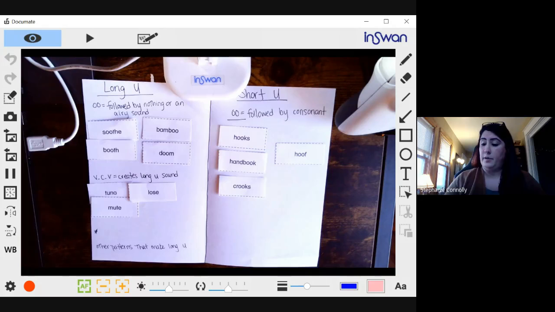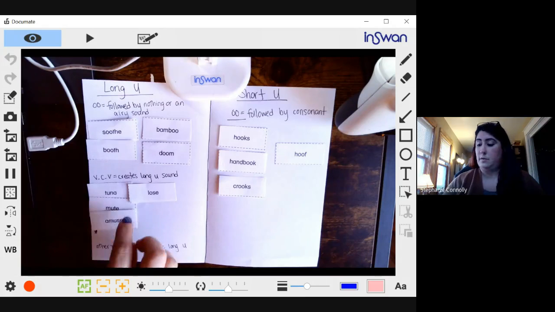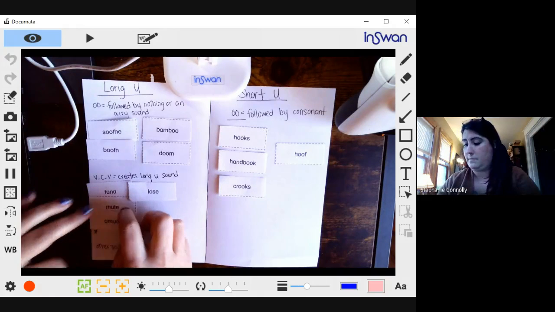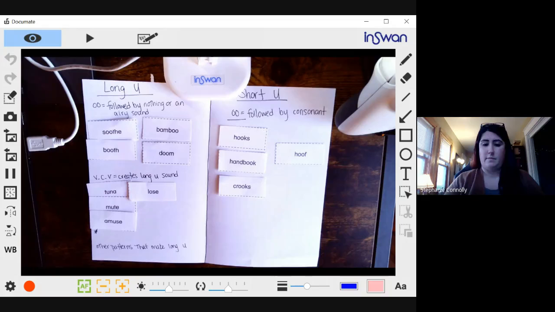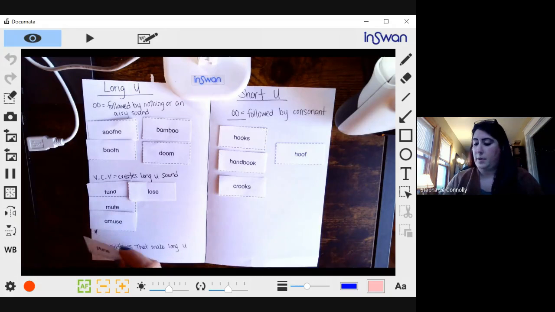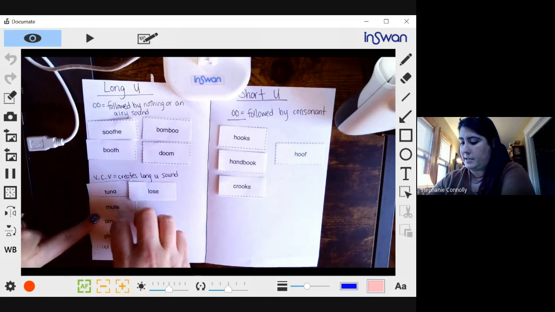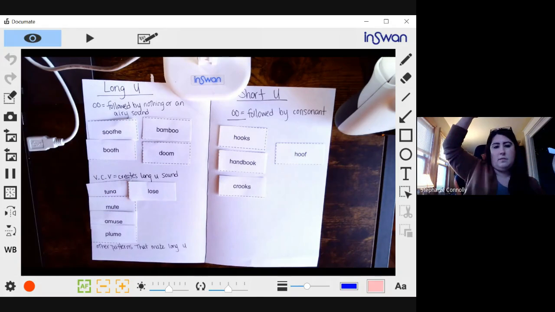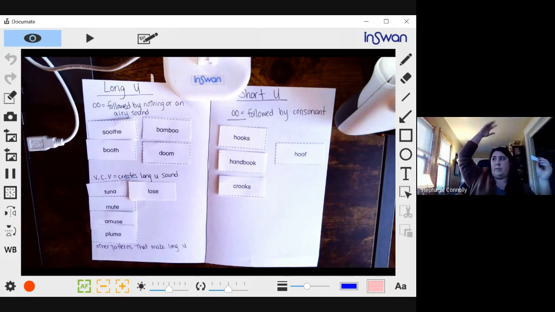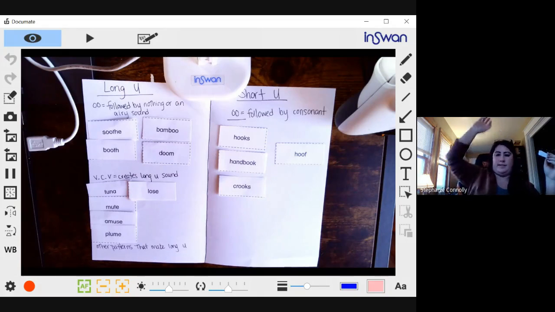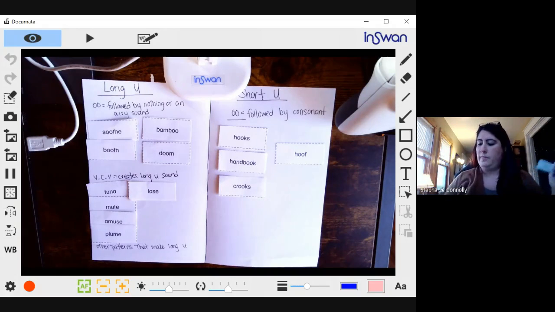Now we have amuse, which follows the U, consonant, E pattern. We have the word plume. A plume, in case you didn't know, is like a feather that goes on the top of your hat. When I was in marching band, we wore plumes on the top of our hats, and those are those feathers that stick out. So a plume follows the U, consonant, E pattern.